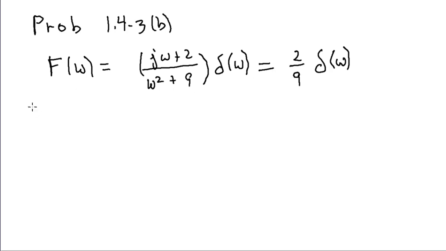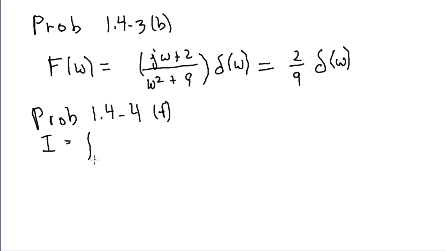Let's take a look at the other property of an impulse that we talked about: how an impulse behaves under an integral. So this is problem 1.4-4. We'll do part F, and we're asked to evaluate this particular integral.